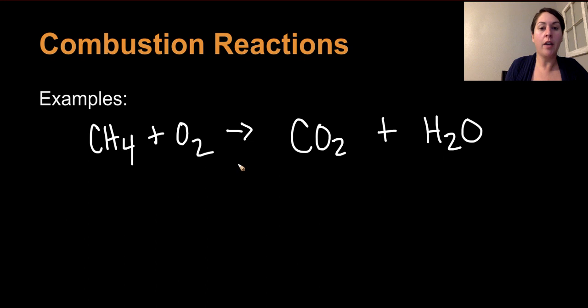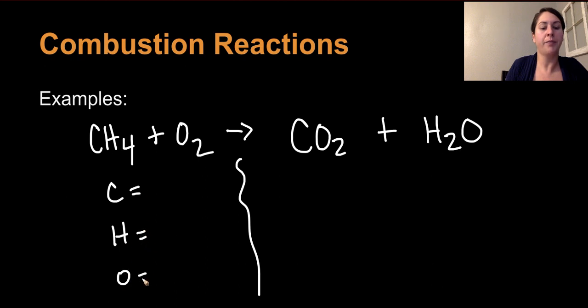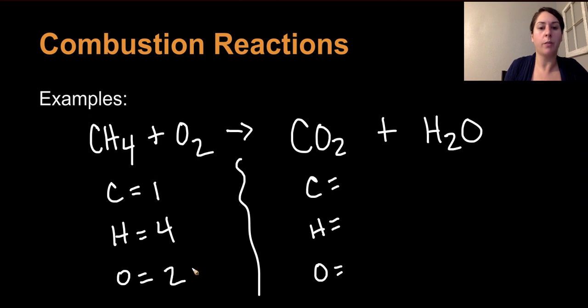Okay, now I have to go through and balance this. So again, I'm going to use that method that we've been working with. So we have C, H, and O on this side, and we have C, H, and O on this side, and I want to do my inventory first. So on this side I have 1 carbon here, I have 4 hydrogens here, and I have 2 oxygens. Okay.